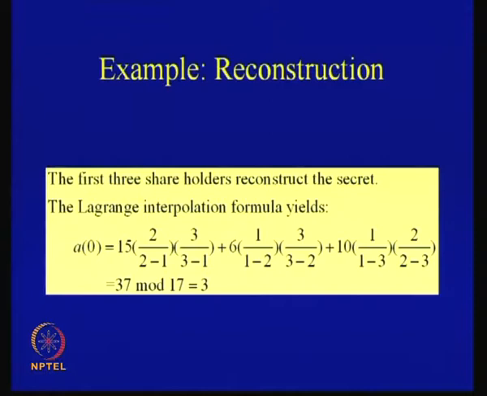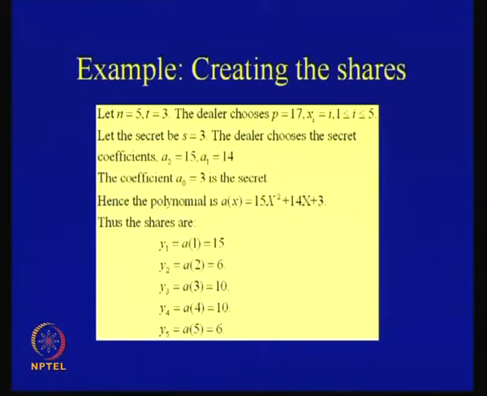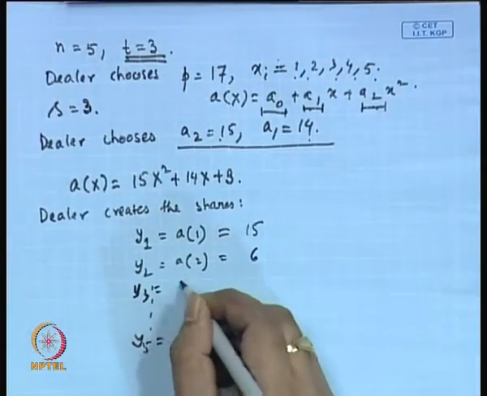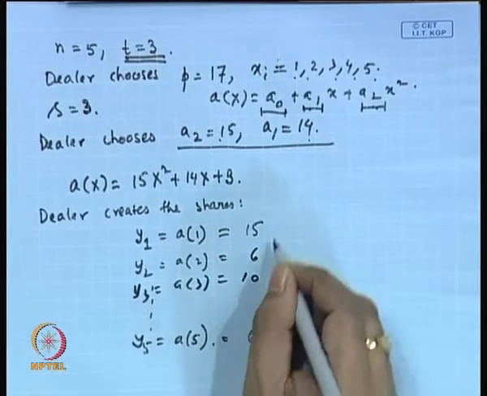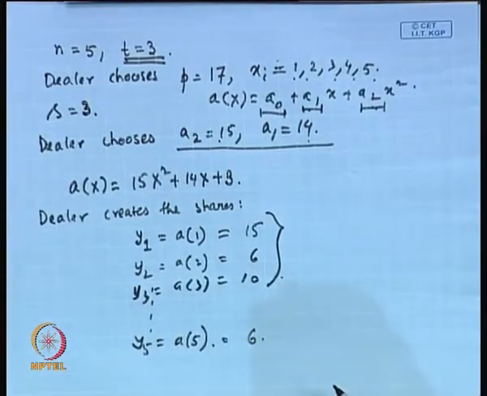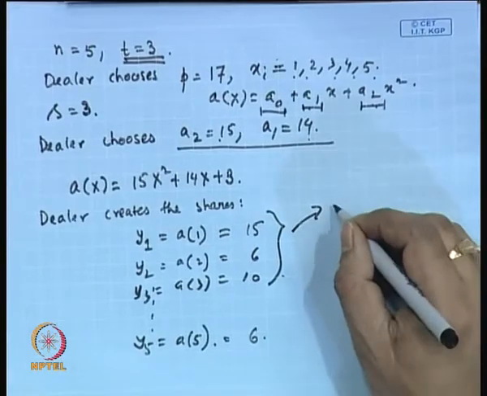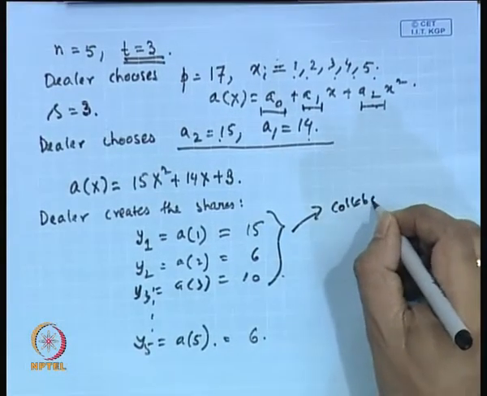In that case, they will apply Lagrange's interpolation formula. The first 3 shares revealed are 15, 6 and 10, which are given to the collaborating parties.